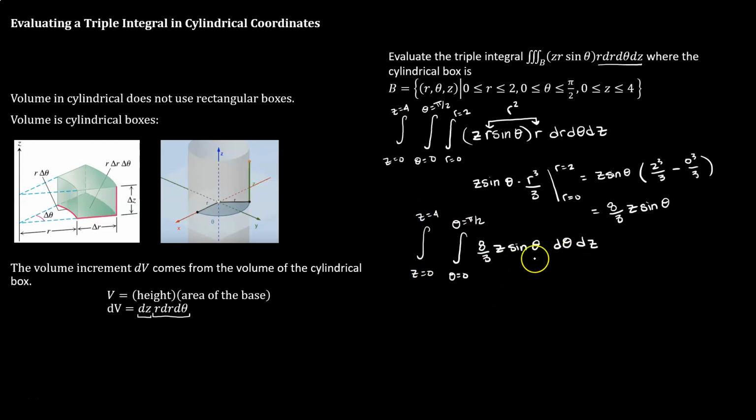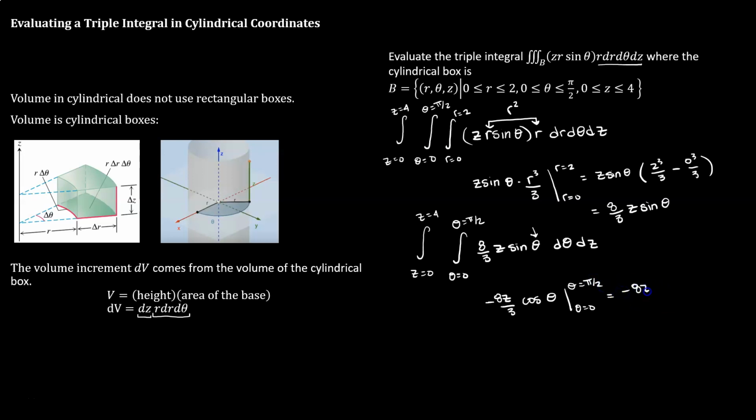Next, integrating with respect to theta, we notice that theta shows up only once, so we're really just integrating the sine theta. The 8z over 3 just copies over like a constant. And the integral of sine theta is negative cosine theta, so I'm going to copy my negative and write cosine theta, and we're going to evaluate that from 0 to pi over 2.